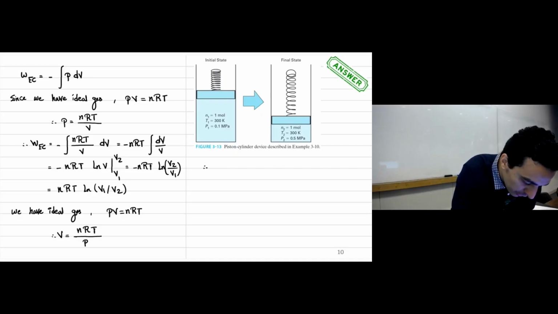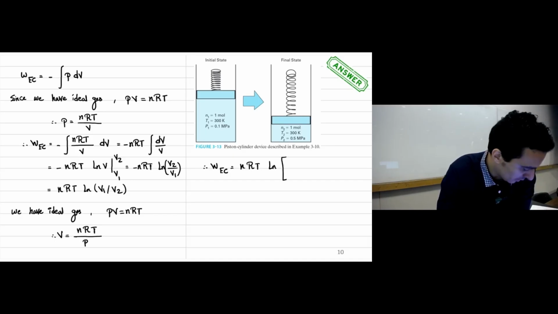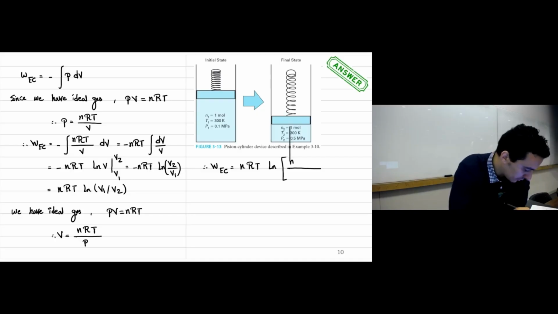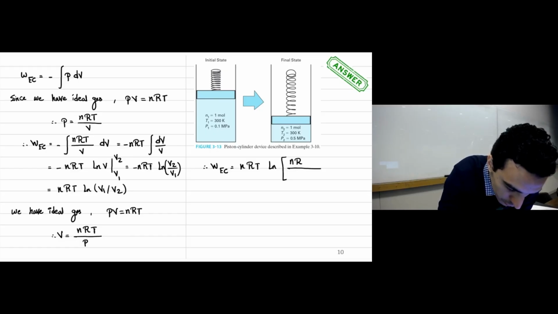So then work of expansion contraction, this will be nRT ln V1 over V2, which is N1 R T1 divided by P1 over N2 R T2 divided by P2.